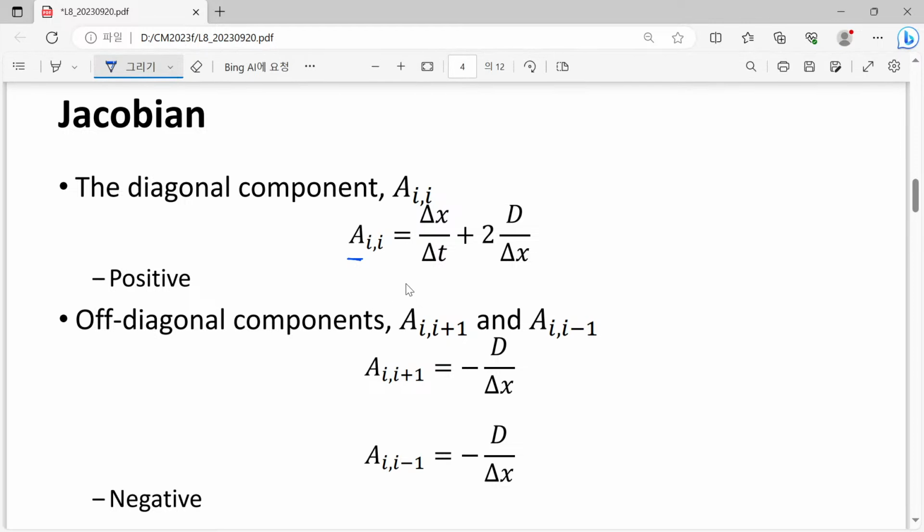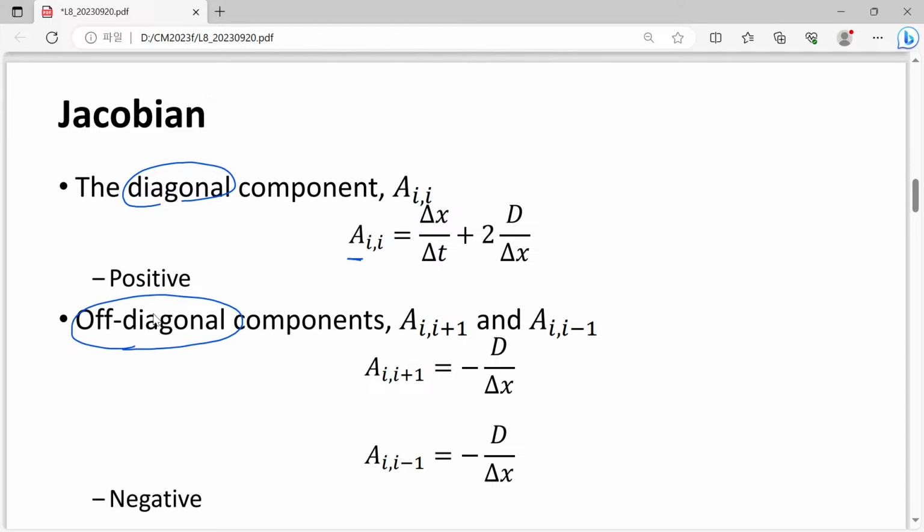And one thing to be discussed is the sign of each component. Here we have a diagonal component, and here we have an off-diagonal component. Please try to estimate whether that is positive or negative. Do you have any idea? Delta x of course positive, delta t of course positive, diffusivity is also a positive number, so it is certain that we have a positive number.